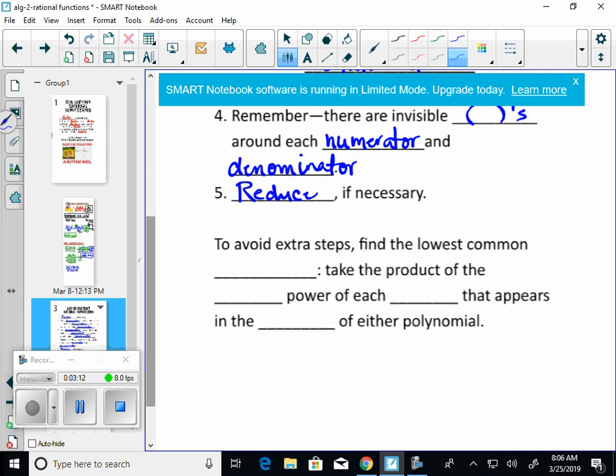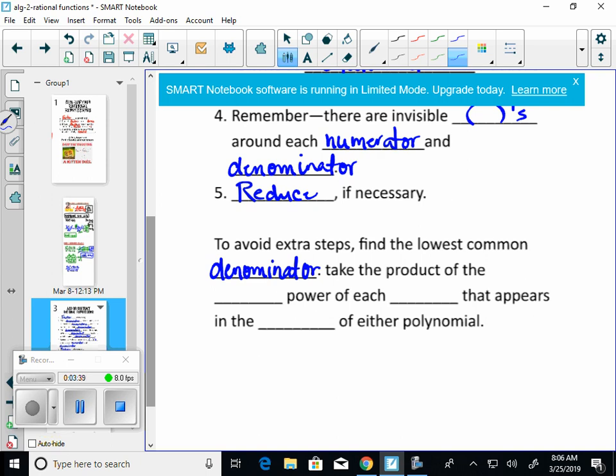Now, to avoid extra steps, I want you to find the lowest common denominator. So the LCD, right? I don't want to go multiplying by some big numbers that are going to cause me trouble in the end. So I'm going to try and find the lowest one first. And the way that you do that is to take the product. What is the product? Multiplying, right?